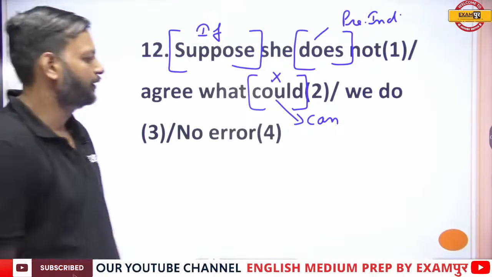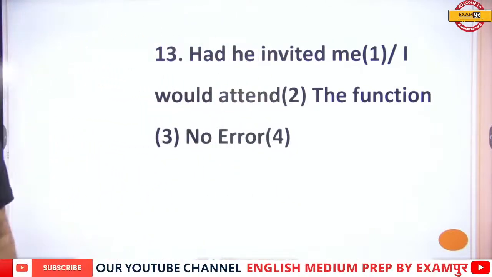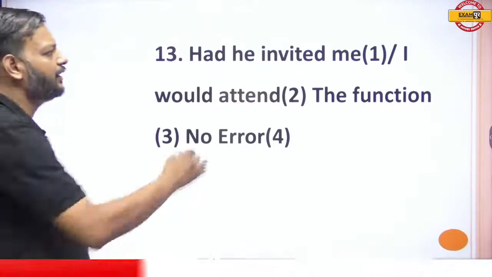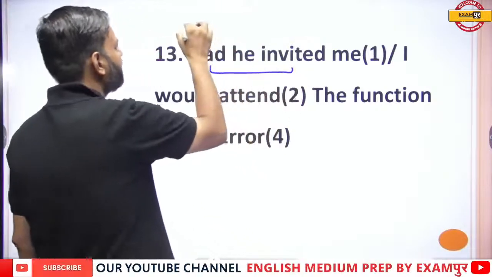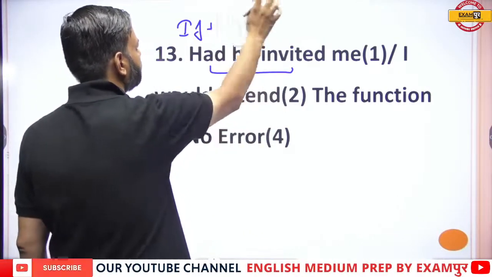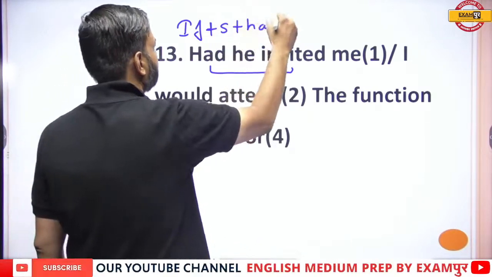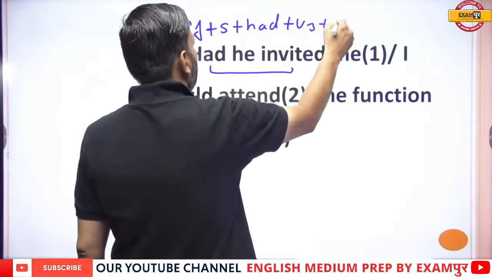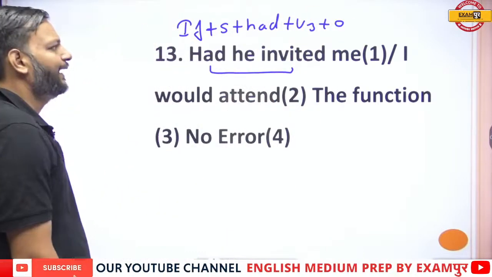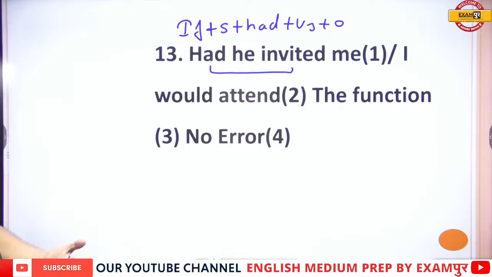Okay, now the next sentence. Had he invited me, I would attend. Again, here we have past perfect tense, and since we have past perfect tense in the if clause, we have to use would have plus third form.